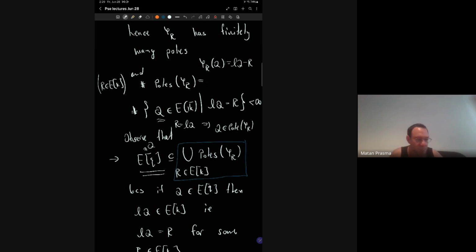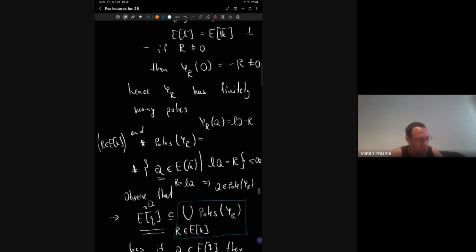But by assumption, there are only finitely many points in EK. And for each of these points, the number of poles of phi R is finite. So EQ is contained in a finite union of finite sets, so it has to be finite.